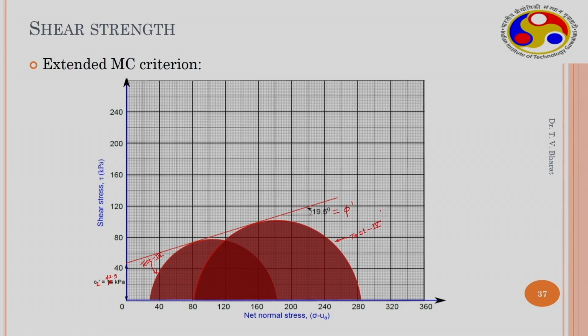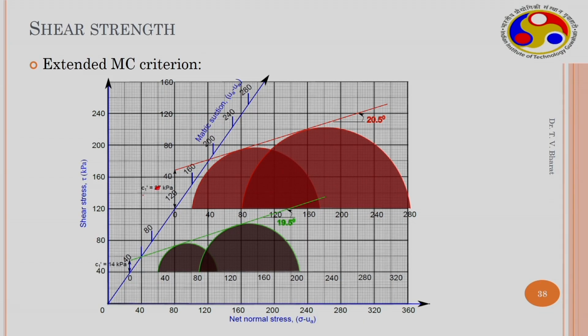The angle of internal friction value is the same for both the cases, but the intercept value changes from the first set of data to the second set because the matrix suction value changed. Here this is 14, this is C1 dash and this is C2 dash, 42.5 kilopascal, and here 19.5 and this is also 19.5.